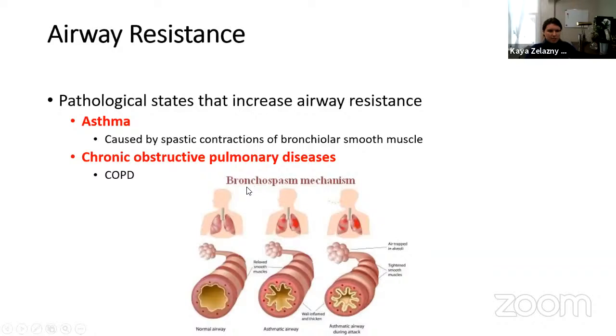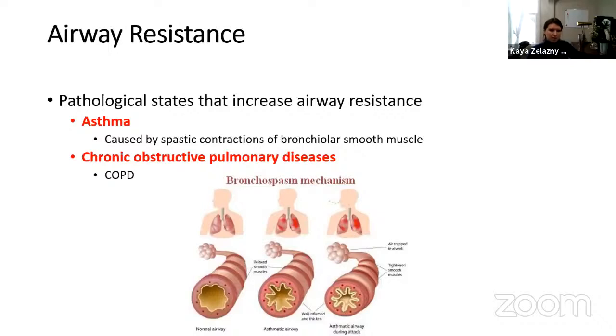So bronchospasms are really what happen during asthma attacks. So asthma is caused by spastic contractions of the bronchiolar smooth muscle, which is to say, not on purpose, right? Not for a good reason, kind of like a cramp almost in the bronchiolar smooth muscle.